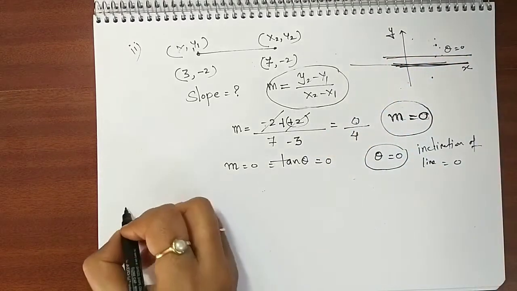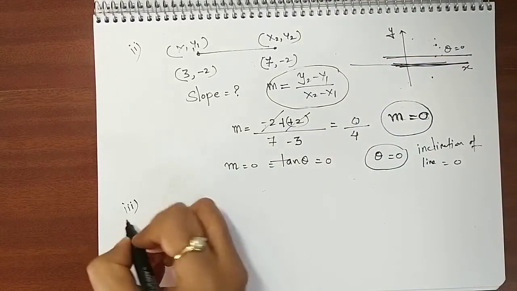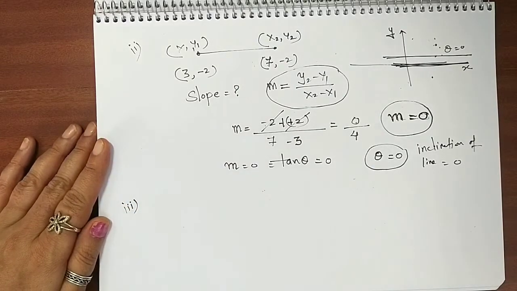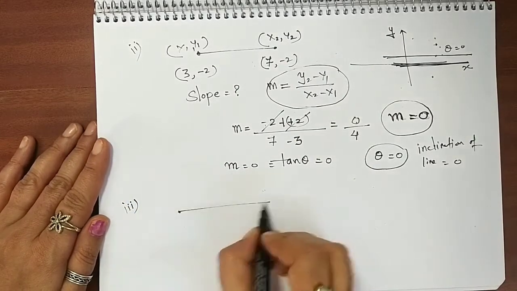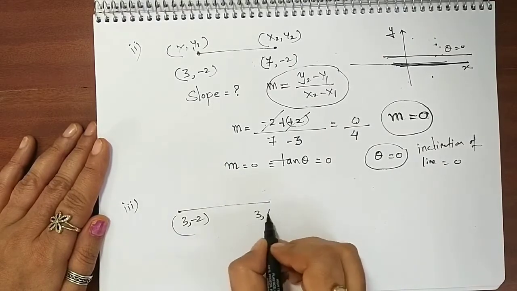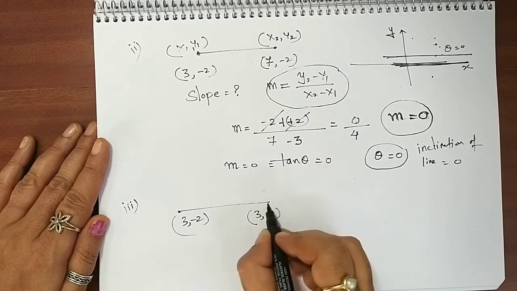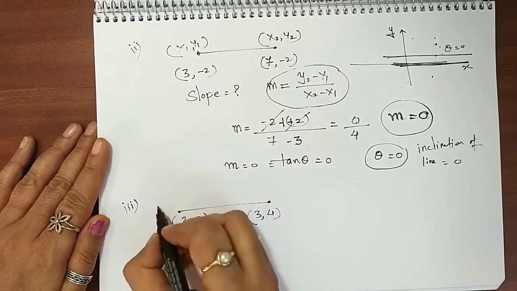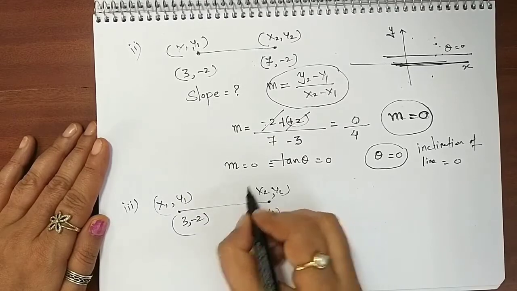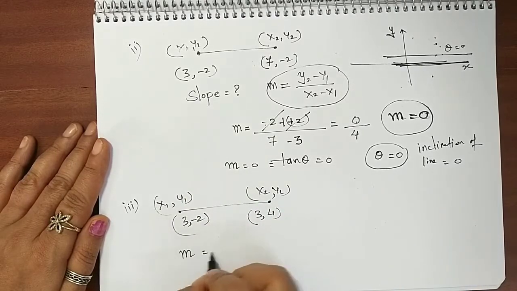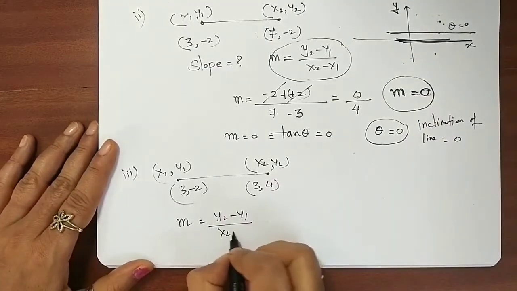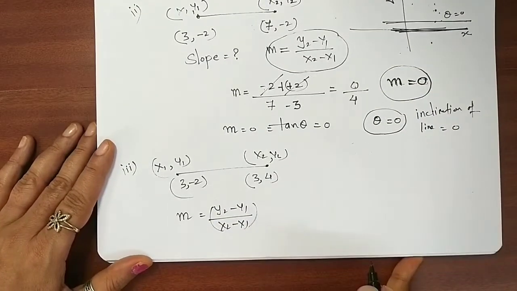Okay. Now, the third part is saying there are points 3 comma minus 2 and 3 comma 4, and they're asking what is the slope. So can I take x1 y1 and x2 y2? What is the slope formula? y2 minus y1 by x2 minus x1, correct?